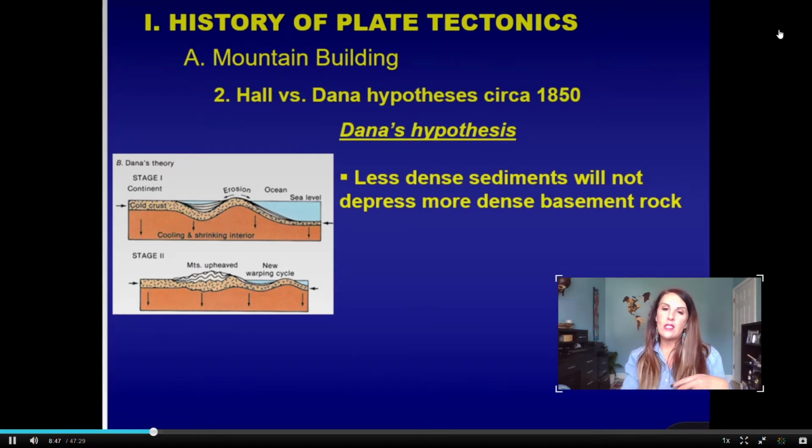He's suggesting that it's not simply sediment deposited on the surface, something else must be happening. And in 1850, that something else, the mechanism, is not being addressed, but he's just suggesting that there must be some type of larger influence. Honestly, Dana was more along the lines of the theory of plate tectonics than was Hall, but they were still trying to answer similar questions.